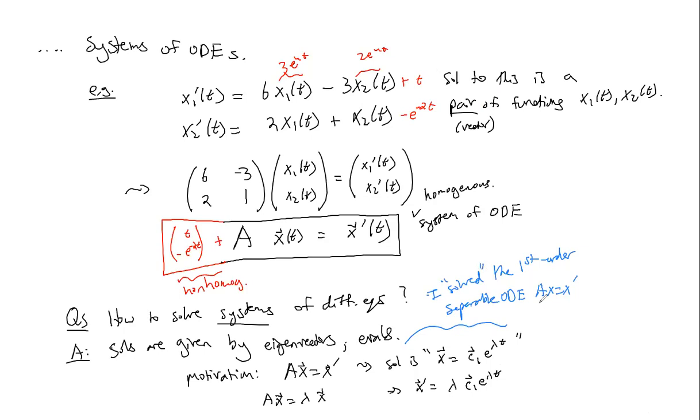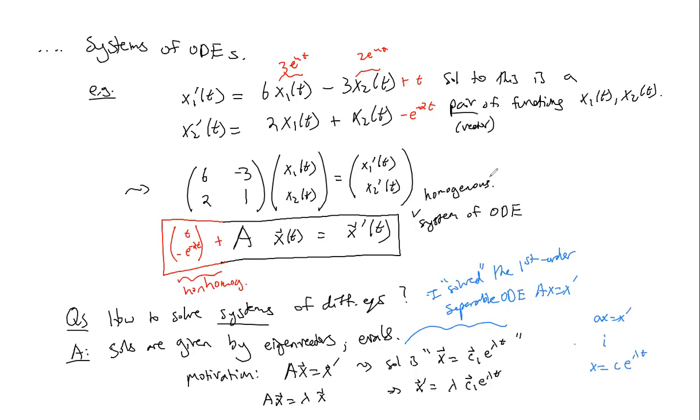In quotes, I solved it, because A is a matrix, so I kind of pretended A wasn't a matrix. And then how do you solve Ax equals x prime? You get x equals c e to the lambda t.